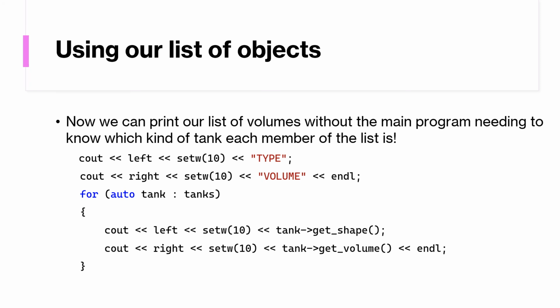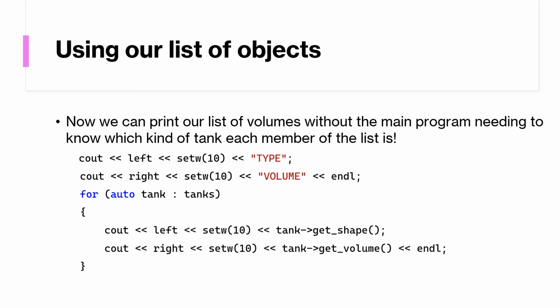Okay, so now we've constructed our whole list of tanks. Maybe we've got 3 or 4 of them, maybe we've got 10 or 20 of them, it doesn't matter. We can now loop through all of our tanks and print the shape and the volume from each tank without the main program needing to know which kind of tank each member of the list is.